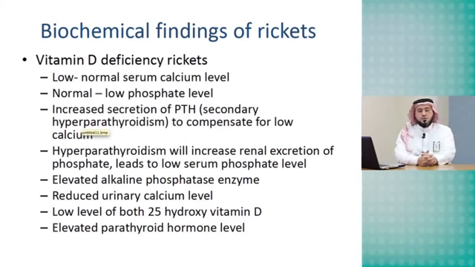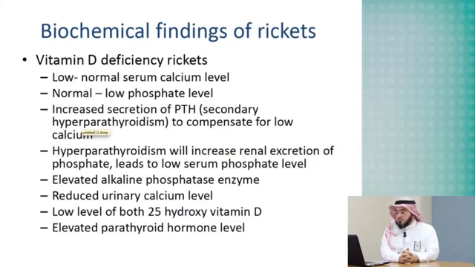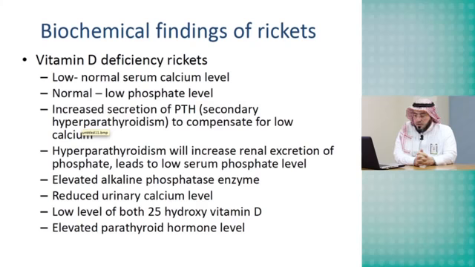Now we come to the biochemical findings of rickets. They depend on the type. Is it hypocalcemic rickets or hypophosphatemic rickets? Can somebody tell me the biochemical findings in hypocalcemic rickets? Yes, in hypocalcemic rickets the calcium will be either low or normal.